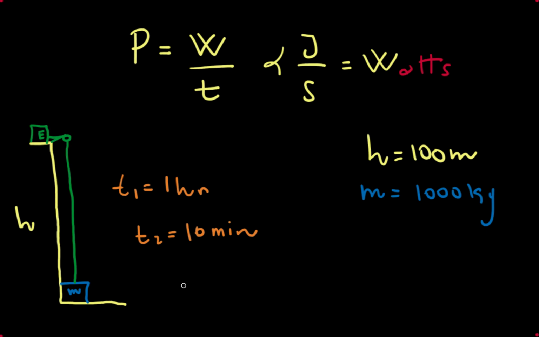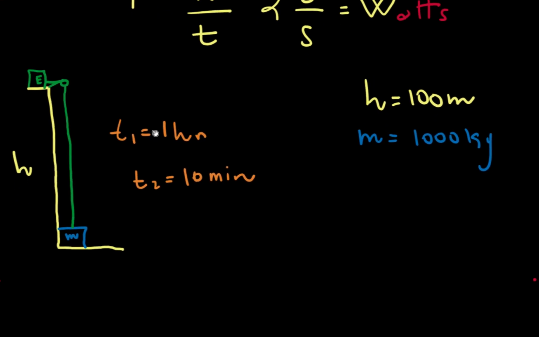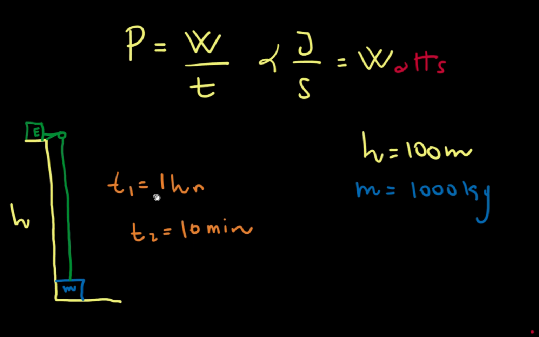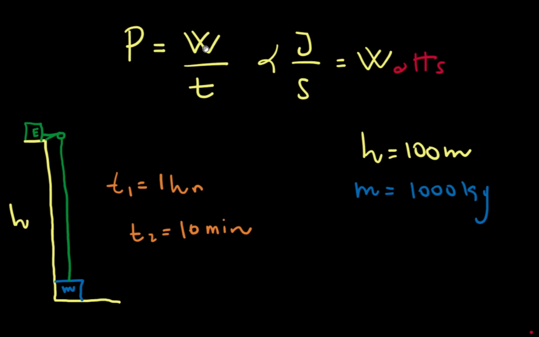So the way you set this up is, you start with power equals work over time. The first thing you need to figure out is work. So right now, forget about this time. We have 2 times. We want to know the power for bringing this mass up in 1 hour versus 10 minutes. Forget about this for now, and let's work on finding work.